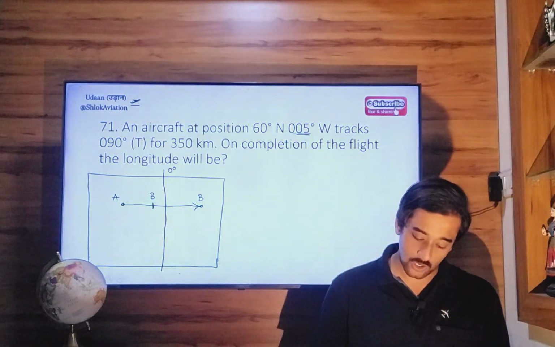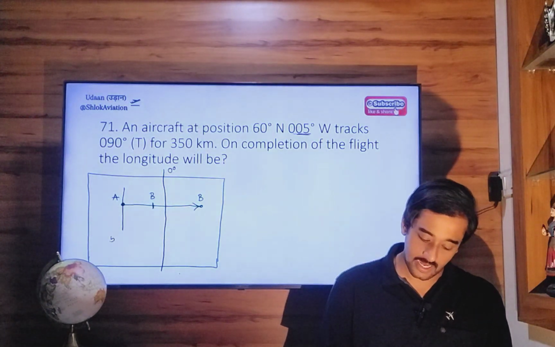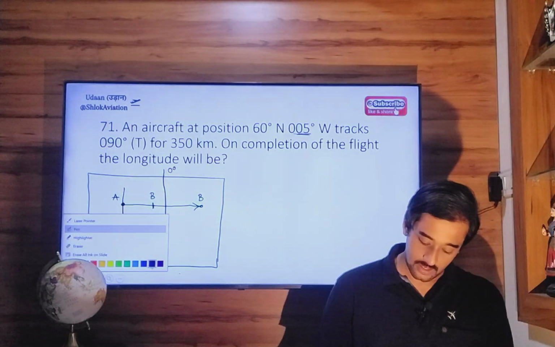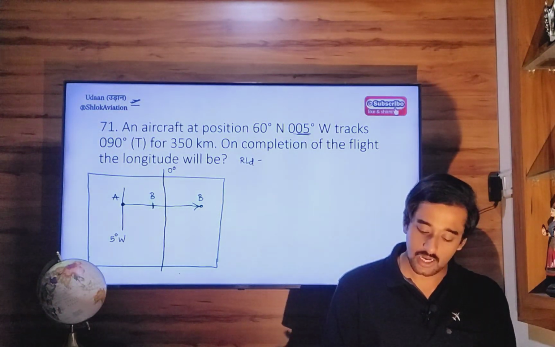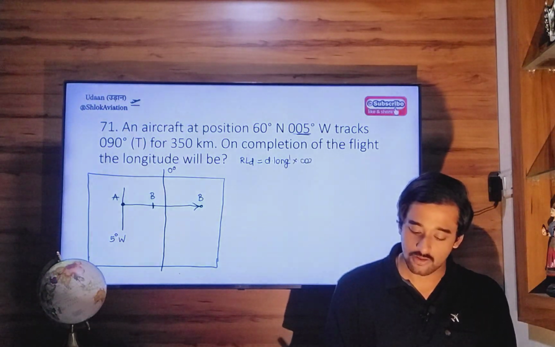By looking at the D long, we'll come to know the position A longitude is 5° west, pretty close to the prime meridian. Now departure, or rhumb line distance, is D long in minutes into cos of lat.